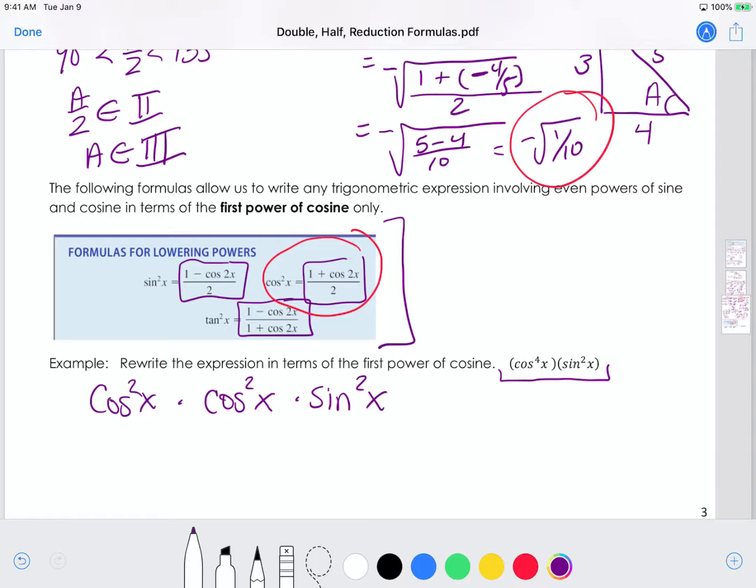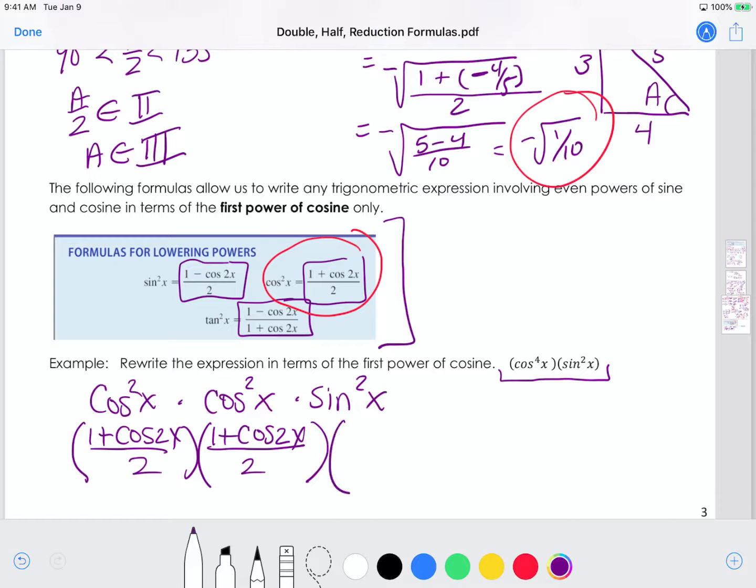So cosine squared x, using our formula, would be 1 plus cosine 2x all over 2. Cosine squared, I would do the same thing and replace it with 1 plus cosine 2x over 2.